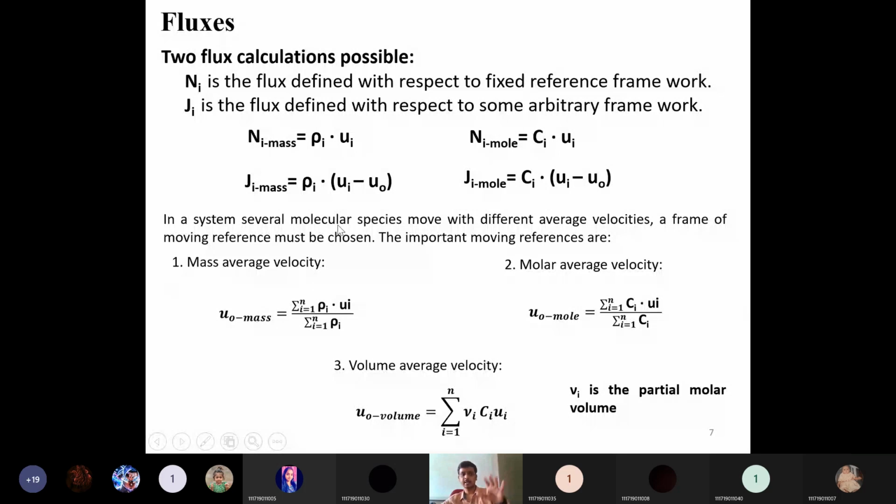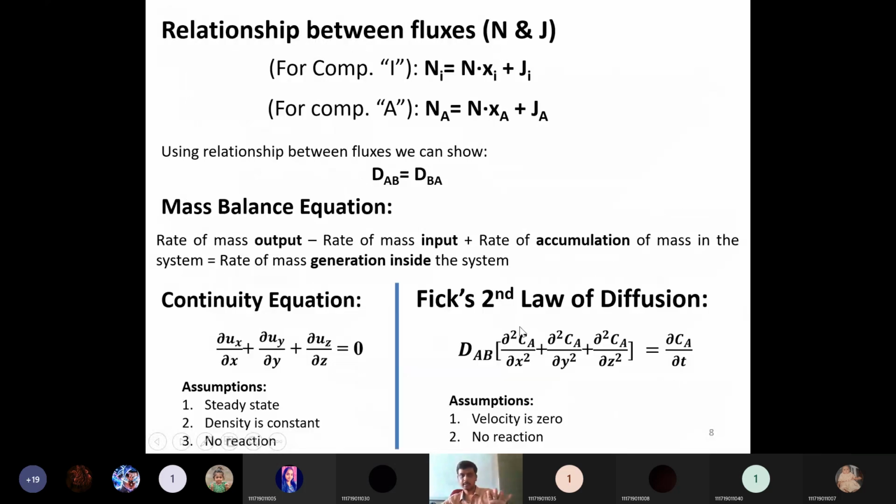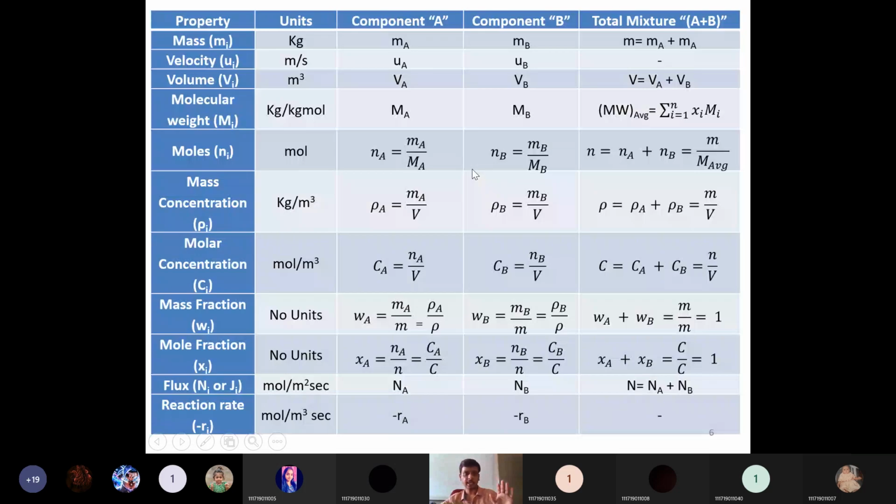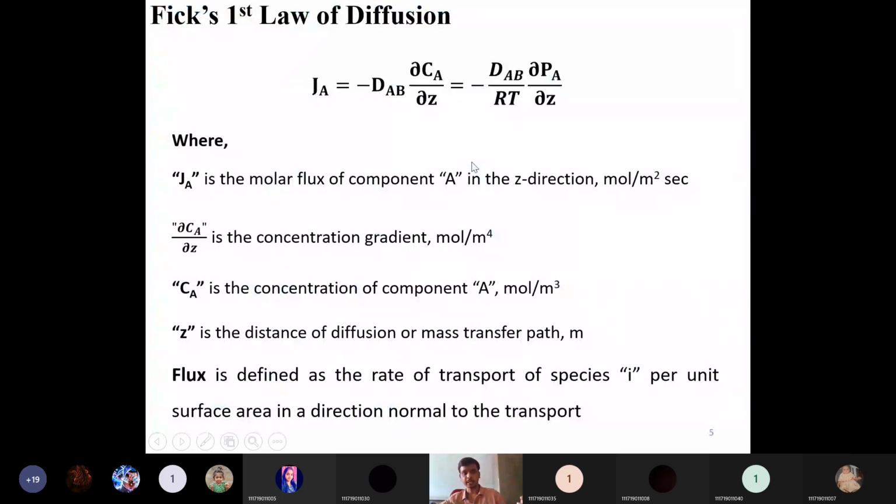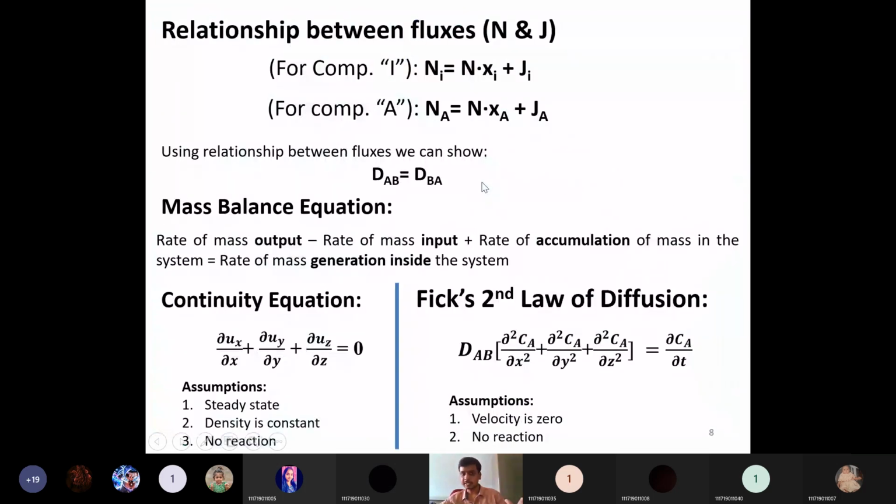Then in the next class we will derive the relationship between N and J. Whatever small equations I have given now, those are big derivations, and they are very, very important. They are asked many times in exams. Until here, if you have any doubts, contact me or revise once again. If you understand this concept, then only these derivations will be easy. Otherwise, it is very hard.